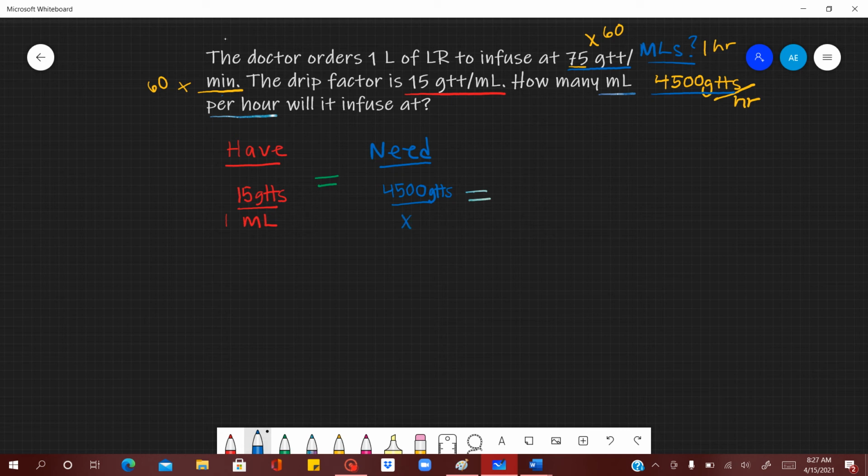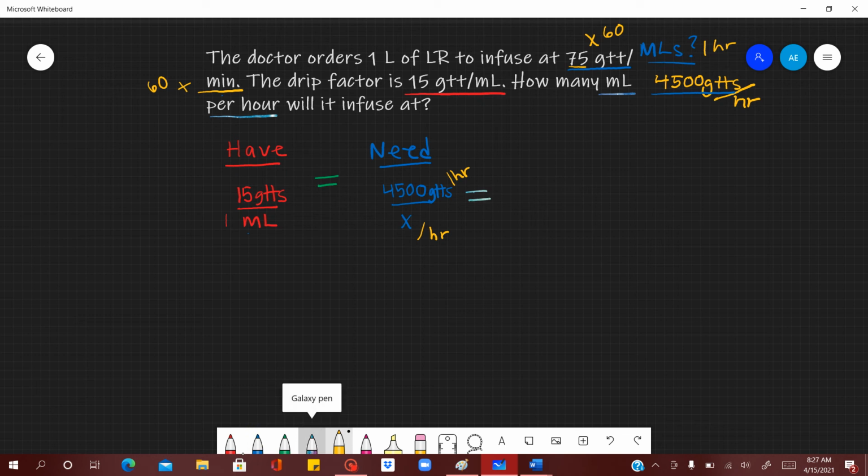So I'm going to put my X here because I want to solve for the milliliters. And we'll remember that this drops was per hour. So this also will be per hour, because what you do to one part of the ratio, you also have to do to the other.